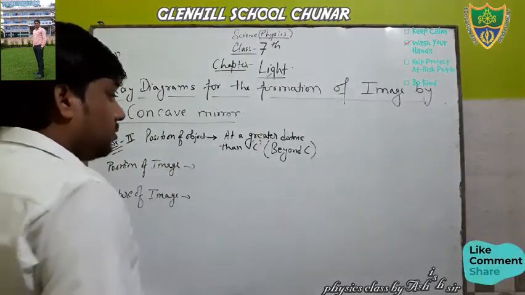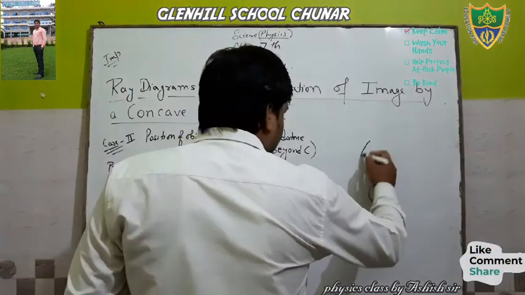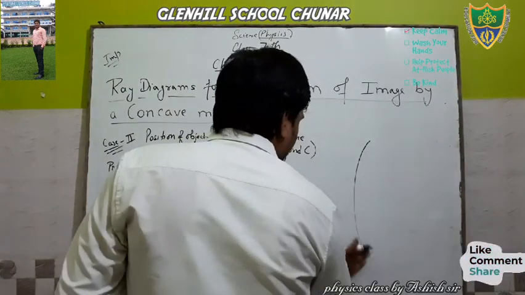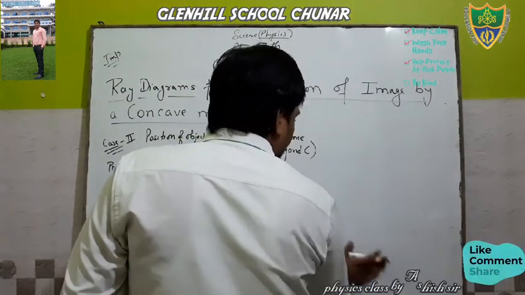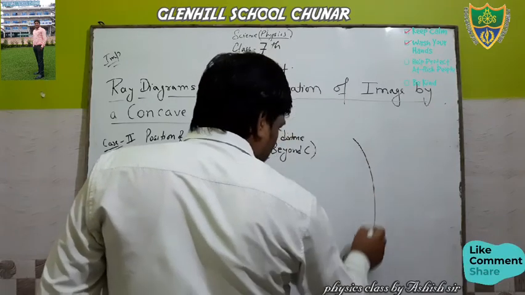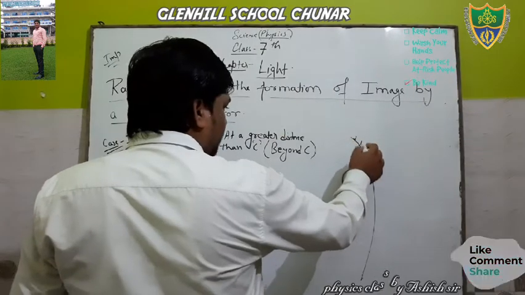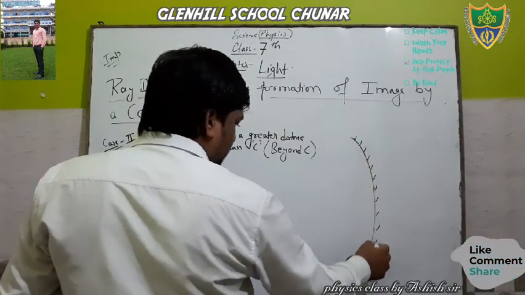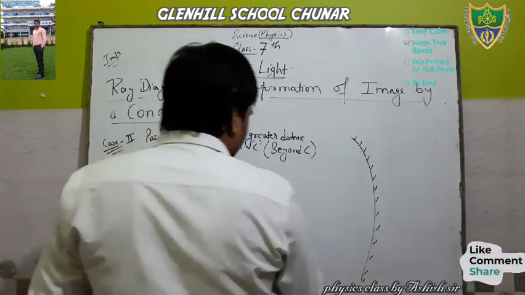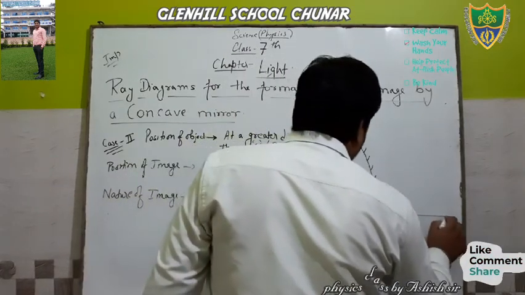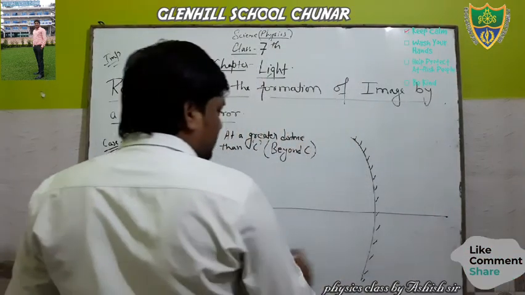Let's see how. Suppose this is your concave mirror. This is your principal axis.